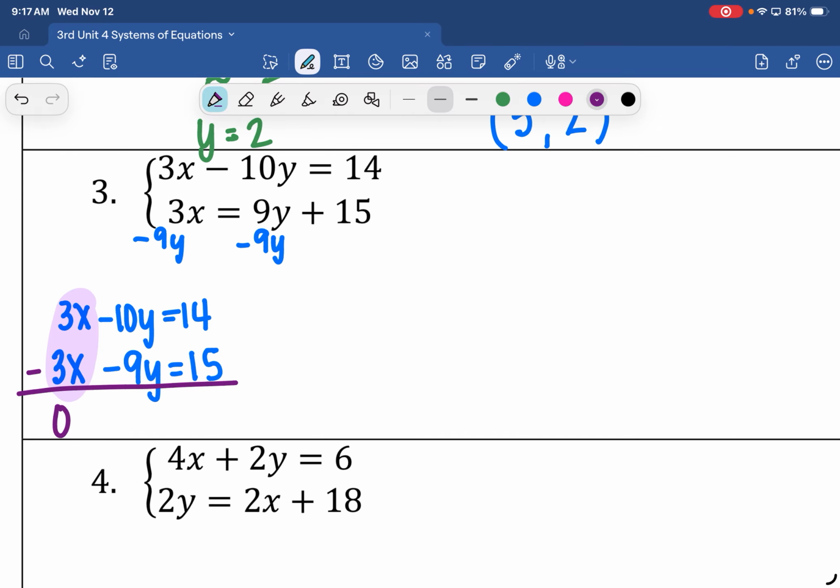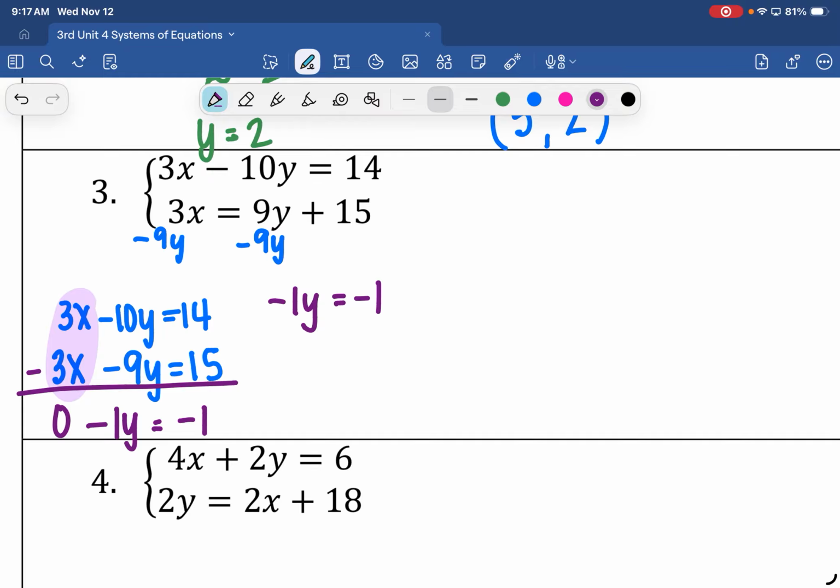What about negative 10y minus negative 9y? Negative 1y. Because when we subtract a negative number, we add. What is 14 minus 15? Negative 1. So we get negative 1y is equal to negative 1.